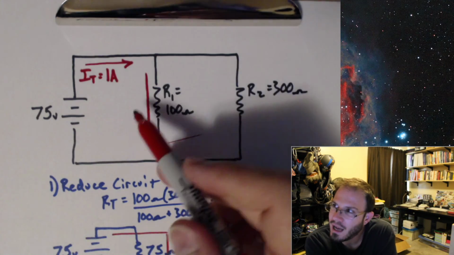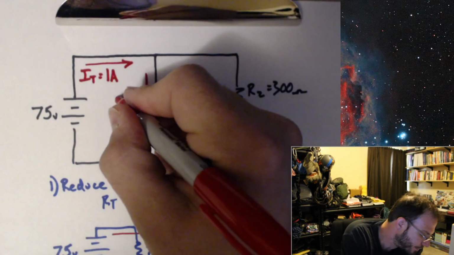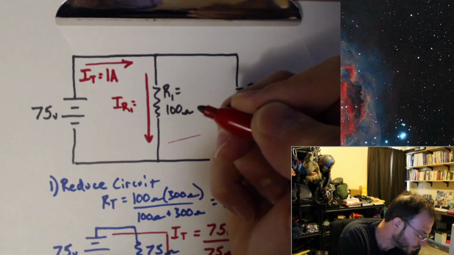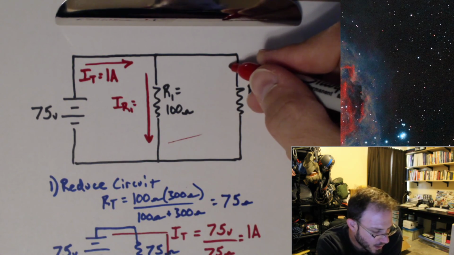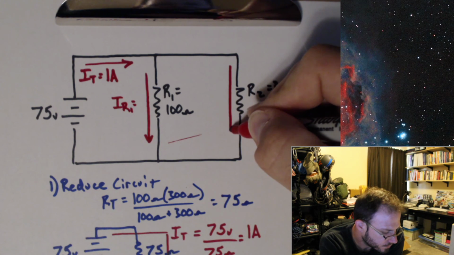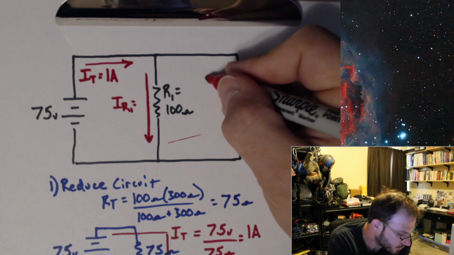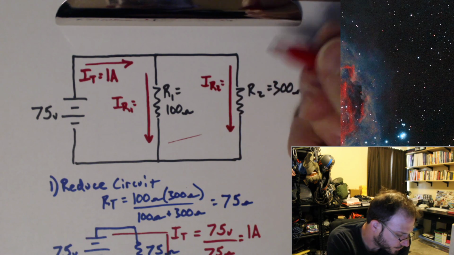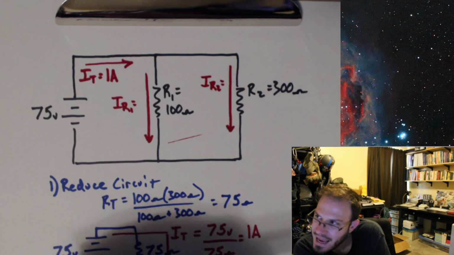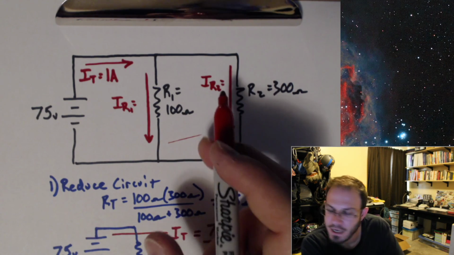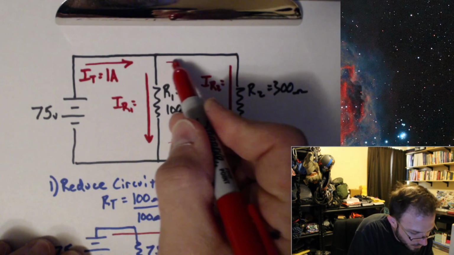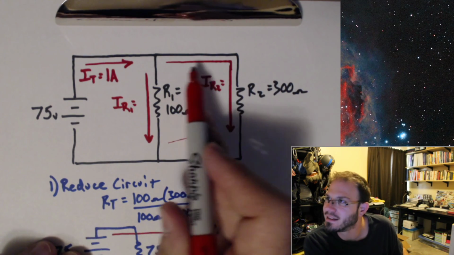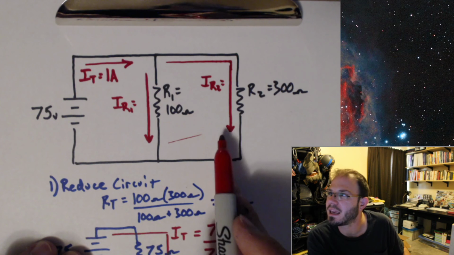I'll call this one IR1, and I'll call this one IR2. And if I want to be a little facetious, I can draw it just to emphasize that the current's coming all the way from here.